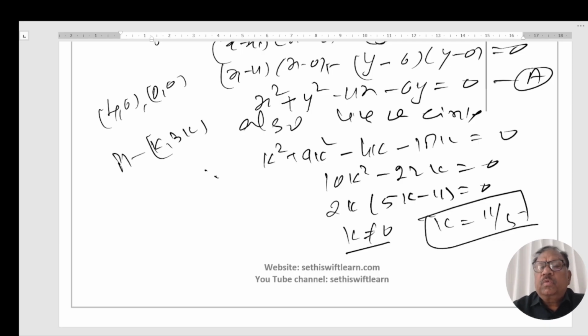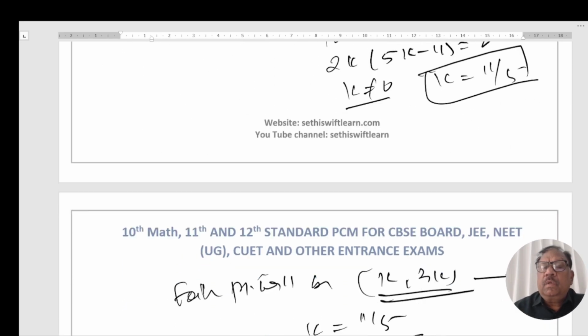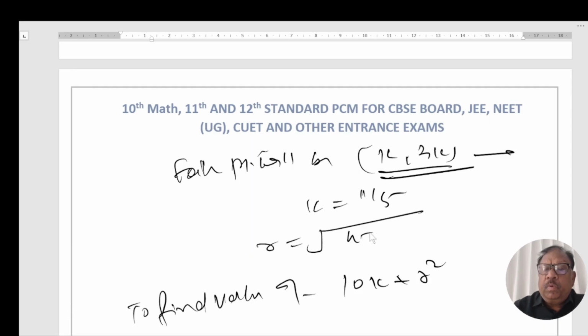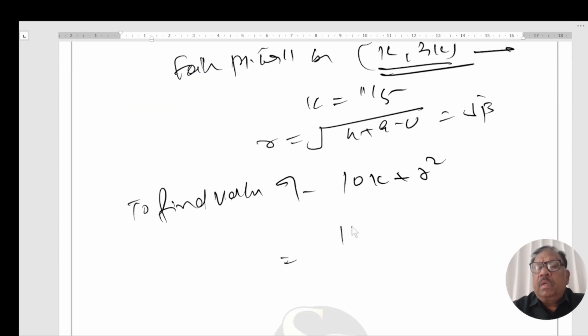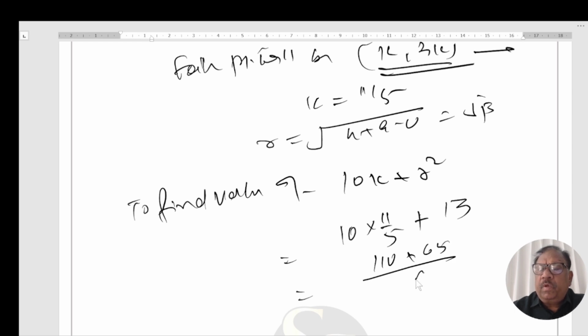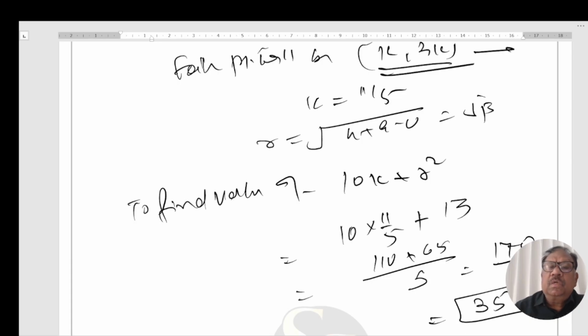G square plus f square, 4 plus 9, 13, minus 0, that is root 13. So substituting the values, 10 into 11 by 5 plus 13. This comes out to be 110 plus 65 upon 5. That is 175 upon 5. That comes out to be 35. This is the answer.